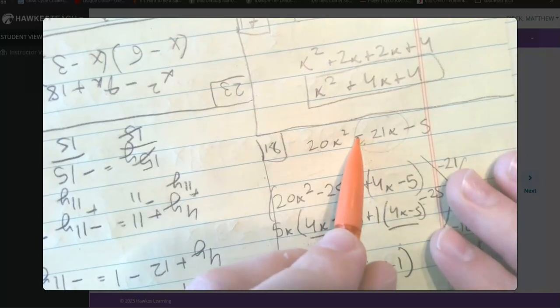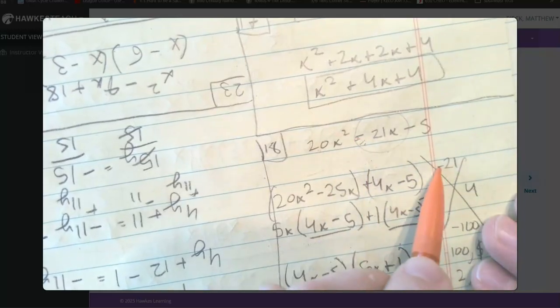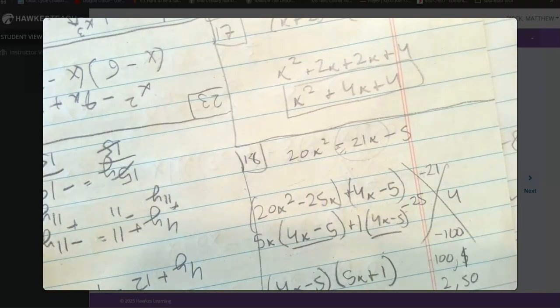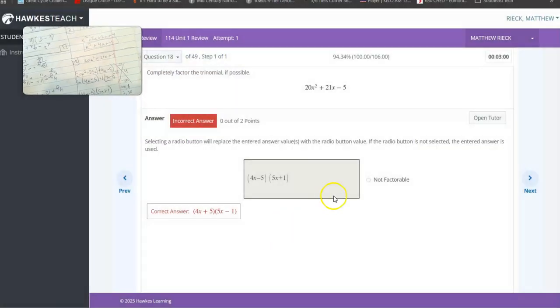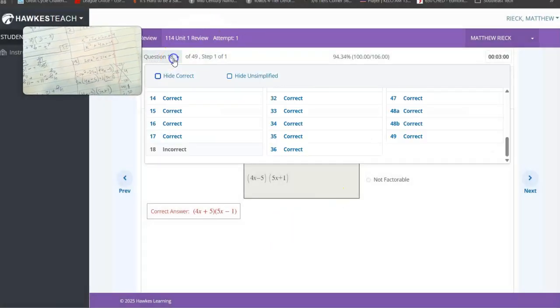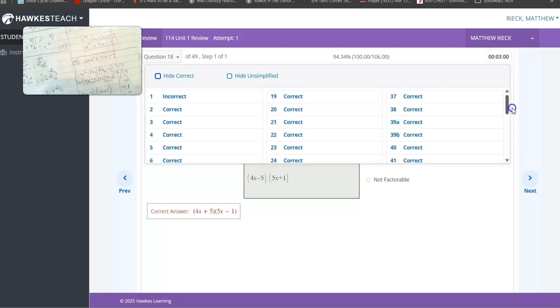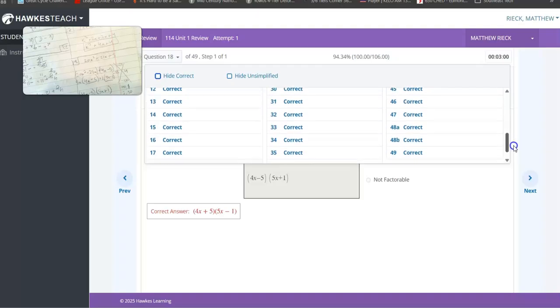So this should be a plus 21x, which would switch these around, and that's where I would switch the signs. So one of the main things is to read the question carefully, which I am as prone to forget as anybody else.